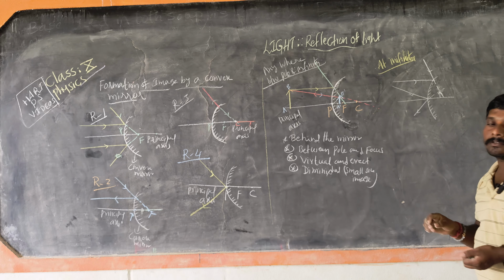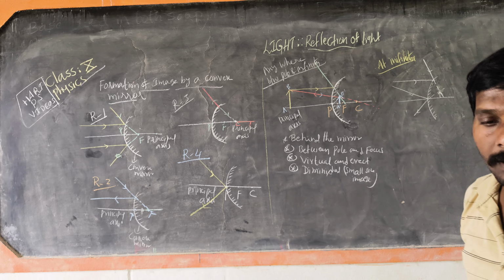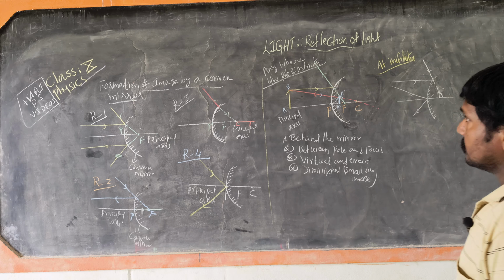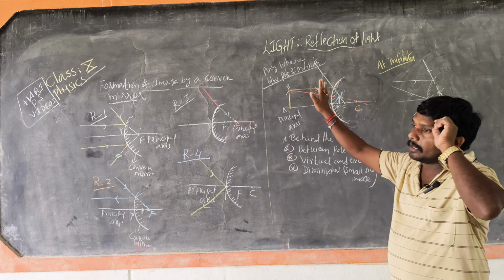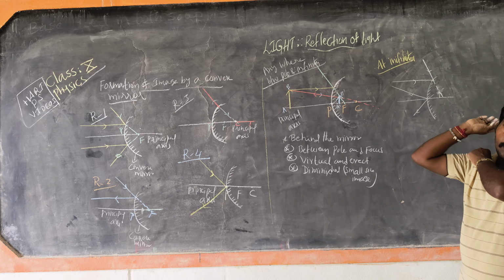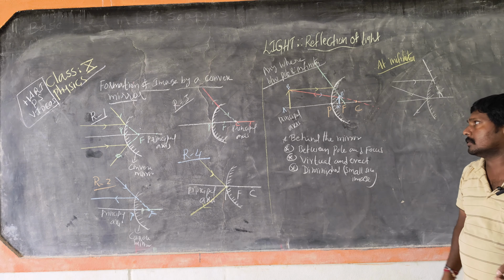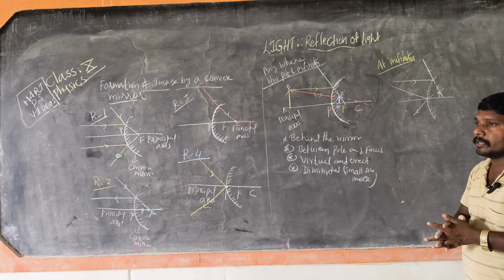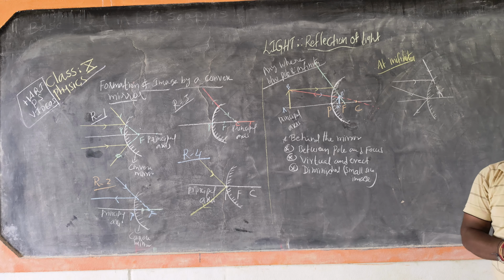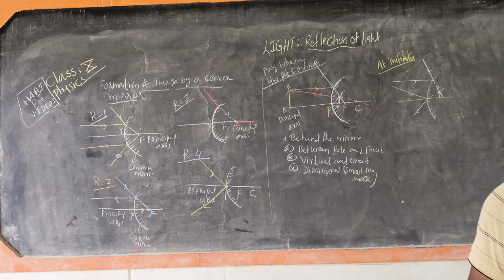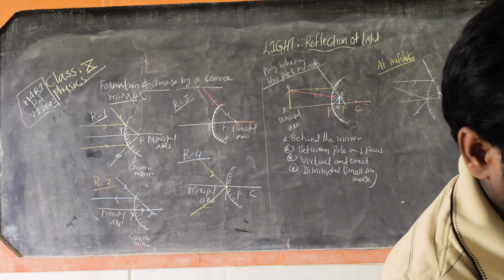So in this way, whatever the position of the object between pole and infinity, the image is formed between the pole and focus. If the object is at infinity, the image is formed at the focus, highly diminished.